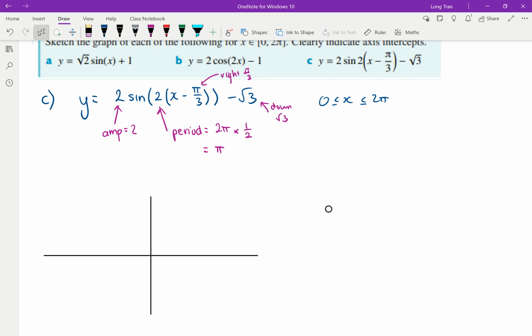What you have to understand is that the maximum, the amplitude usually should be 2 and then minus 2. What they've done here is go down by root 3. It is your job to understand root 3 is less than 2. It's about 1.4 or something like that. So when you go down by root 3, you can expect it to still be somewhere positive.